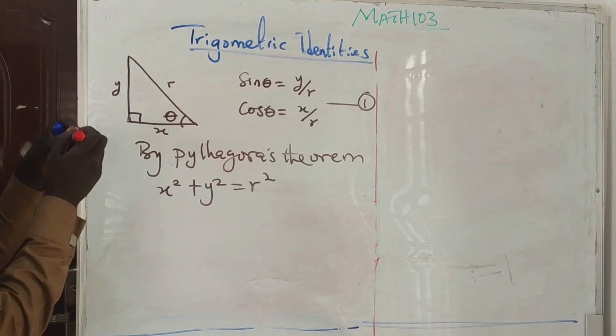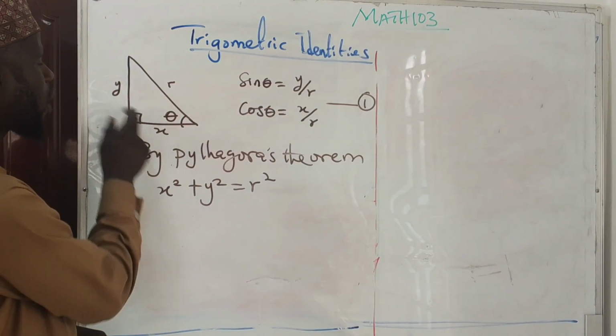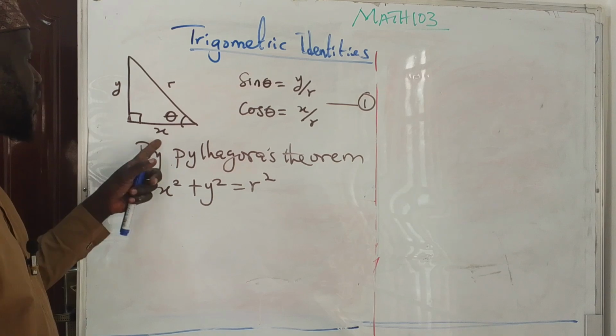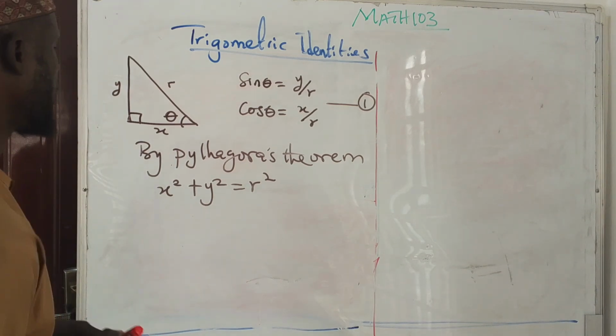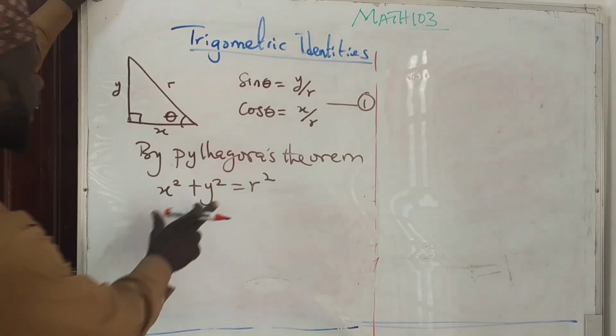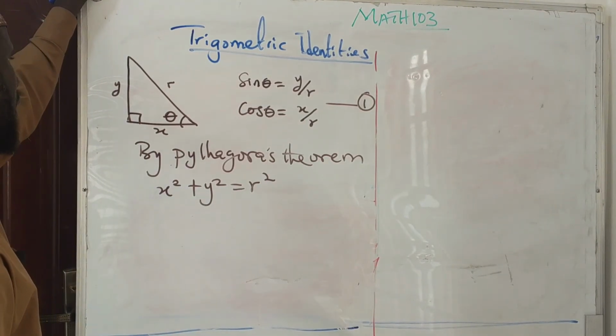That is, the square of the hypotenuse is equal to the sum of the squares of the other two sides, the opposite and the adjacent sides. So, dividing this Pythagorean equation by r squared.